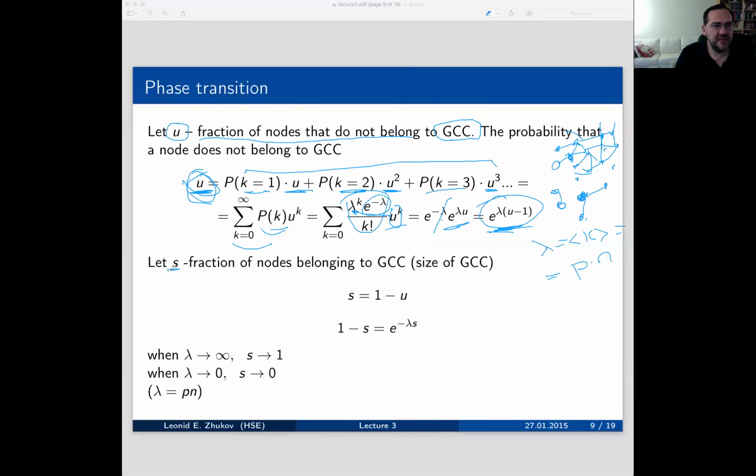Now we call S the fraction of the nodes that do belong to a gigantic connected component. So U was a fraction that does not. S will be a fraction that does. So if S is equal to 1, then every node in the graph belongs to GCC. Okay? So S is 1 minus U. We just take this and substitute in the equation. We get the following equation.